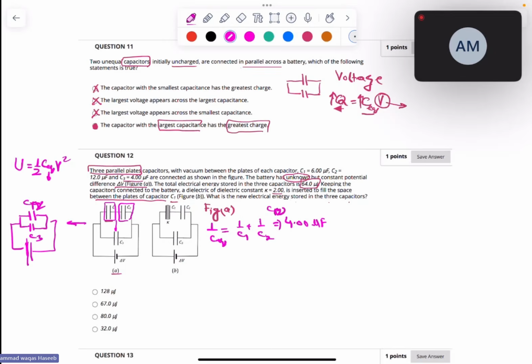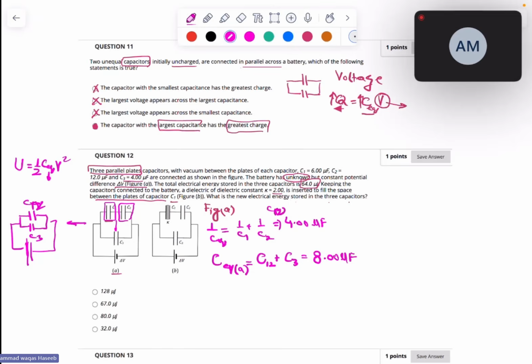Now these two capacitors are in parallel, so the equivalent capacitance for figure A is C12 plus C3, and your total capacitance will be 8 microfarad.